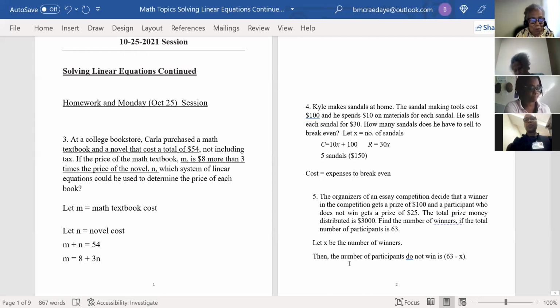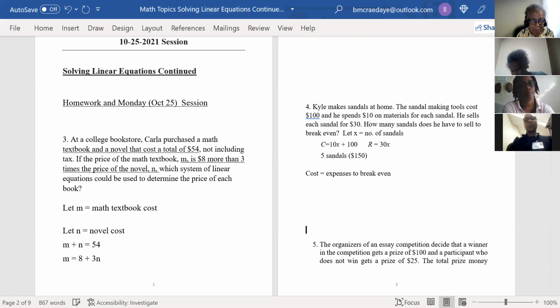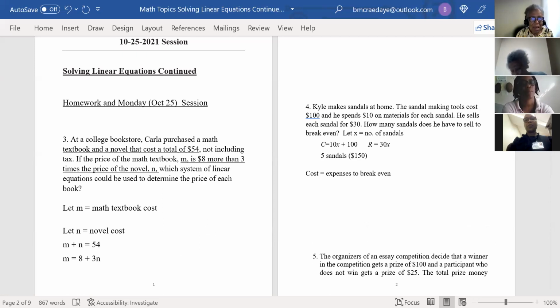Now, I gave you some hints on this one, right? So that X be the number of sandals. Carl is making sandals at home and they cost $100 and he spends $10 on materials for each sandal. So that $100 is a fixed cost, right?